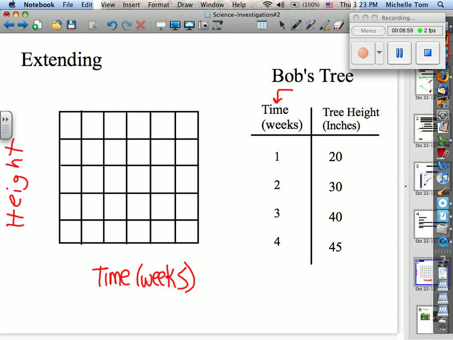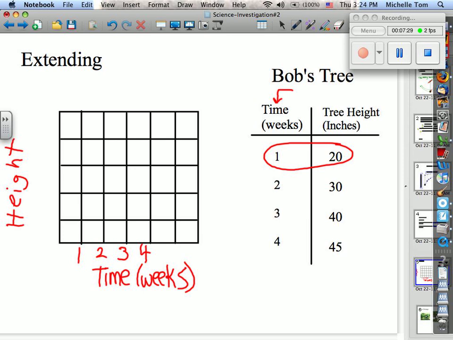Now looking at the data to the right, he found that on week 1, his tree was 20 inches. Oops, I forgot to label a couple more things on my graph. Okay, so I have time in weeks. He measured for week 1, 2, 3, and 4. So I'm going to put those numbers on my graph. Okay? Now I also need to put height in inches, and every single step needs to be the same interval.